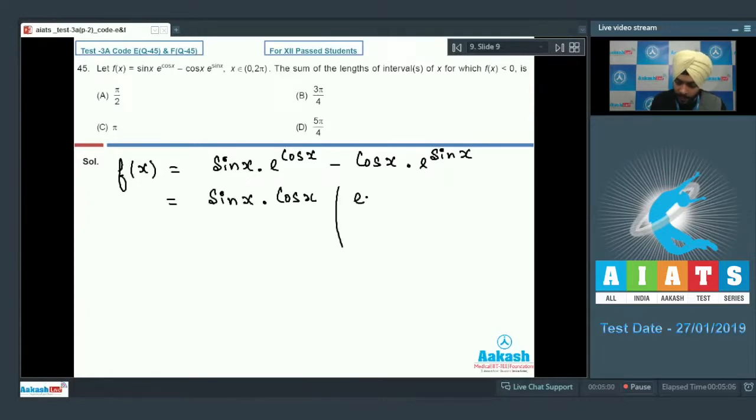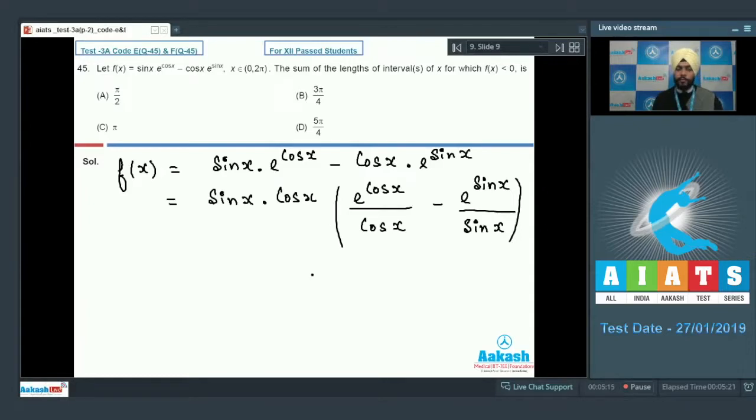Multiplied by e raised to the power cos x upon cos x minus e raised to the power sin x upon sin x. Now students, in 0 to 2 pi, we know what is the behavior of sine and cos. We can decide their positive and negative values. For this particular bracket, I will have to assume another function g of t as e raised to power t upon t in order to analyze this particular bracket.